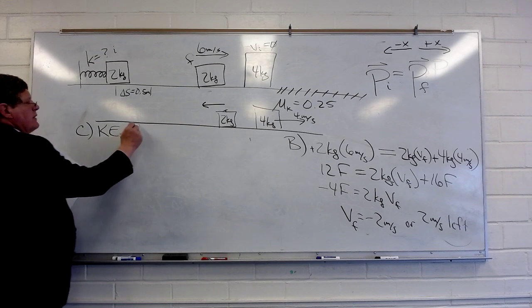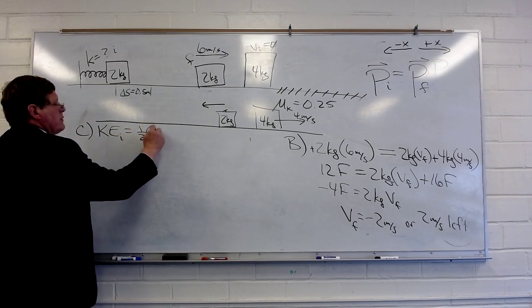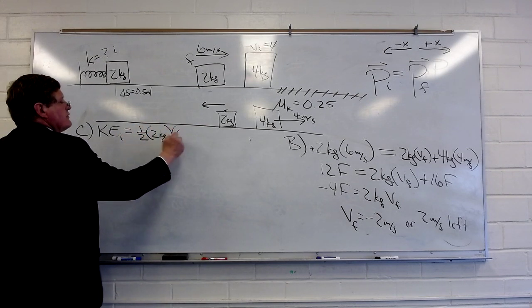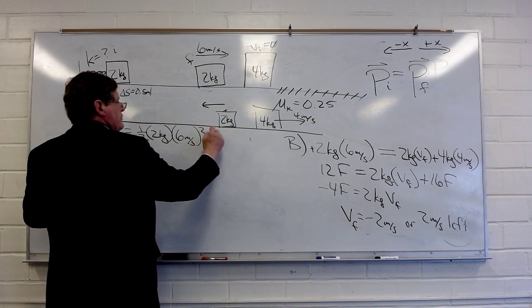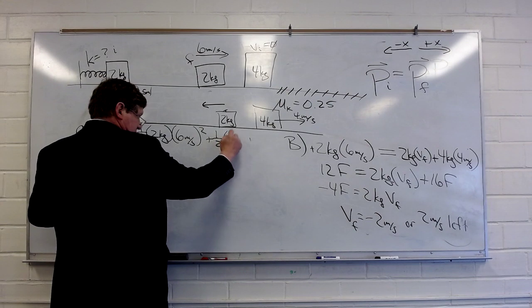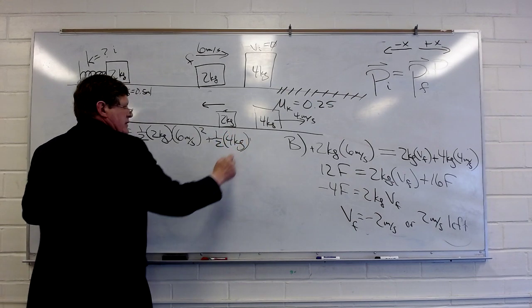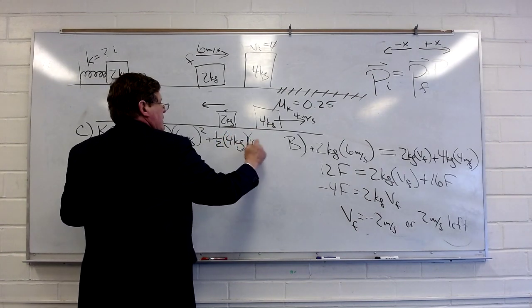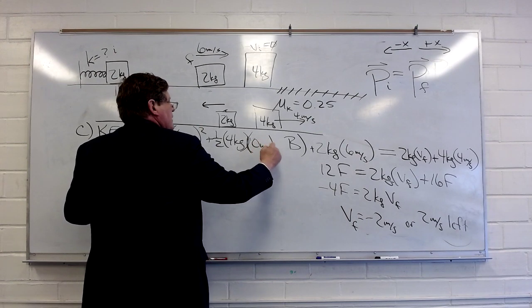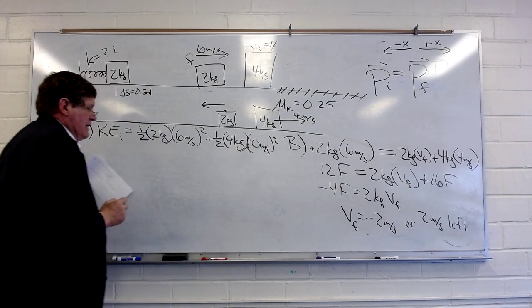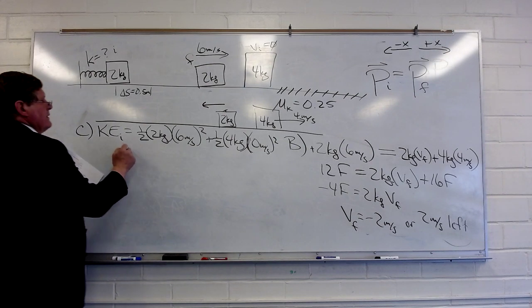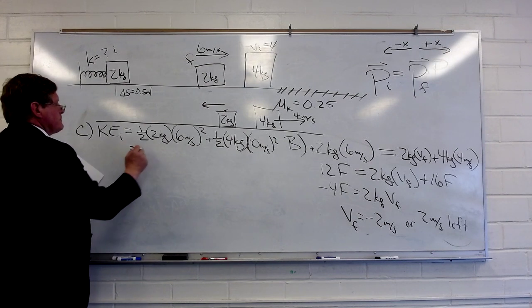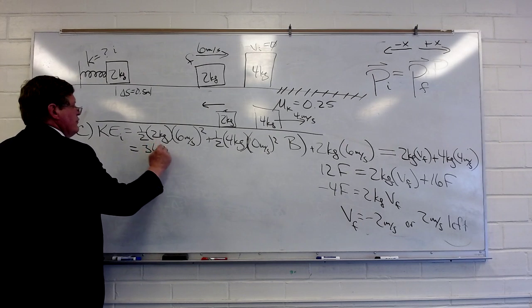Well, that's just going to be 1/2 times the small mass times its speed squared plus 1/2 times the big mass times its speed squared. Well, this is going to be 36 joules.